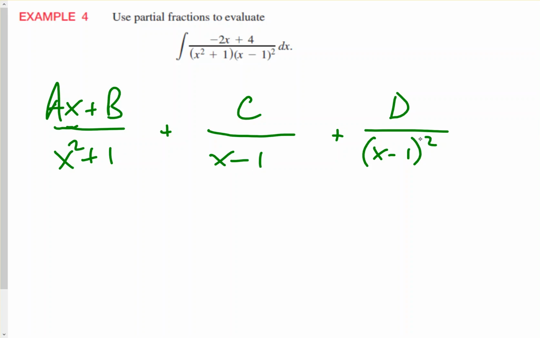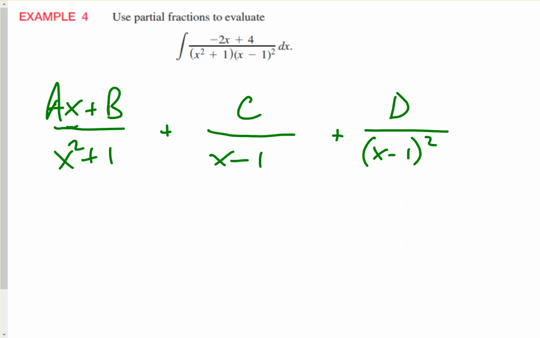The x minus 1 quantity squared is a factorable denominator, and it's basically another version of this guy in the middle. So if this one gets the constant numerator, so will this one. That's how you have to remember it. If it's an irreducible quadratic, then you could go with the linear, like this one.